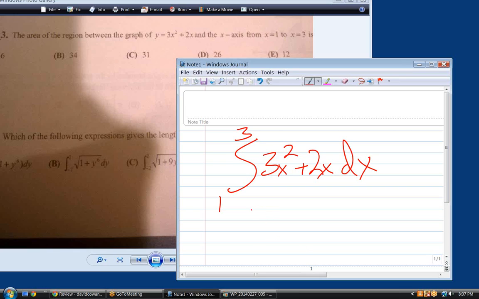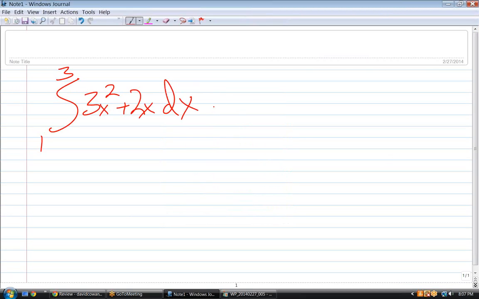I should take the antiderivative. X cubed. Just to apply the power rule, it's real simple. You add 1 to the exponent and divide by the new exponent.